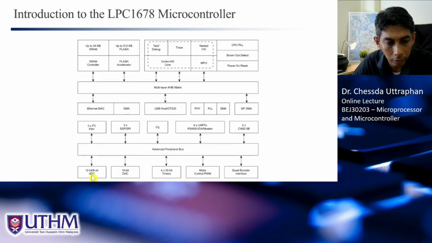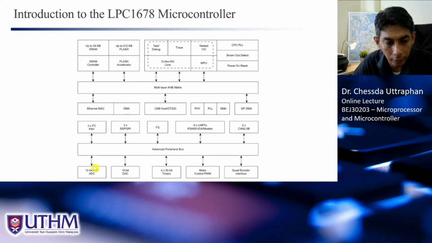This is the analog to digital converter, which is inside the microcontroller as well. So we can connect an analog input to our microcontroller and convert that analog input into digital data.